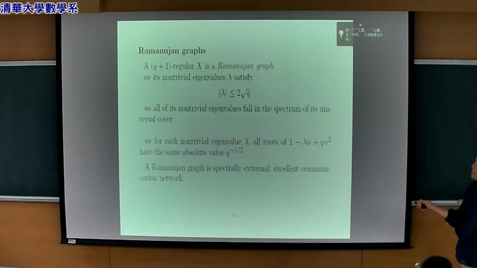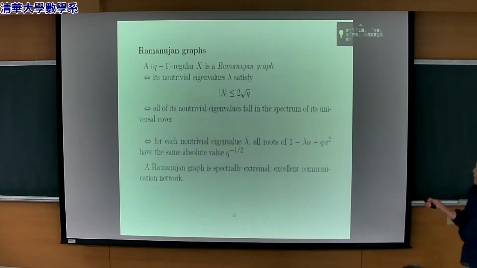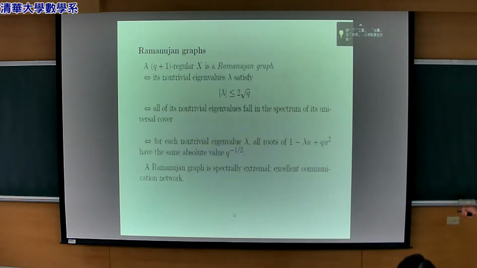So when you see this, it has some kind of flavor just like what we saw for the Ramanujan conjectures. So from the way the Ramanujan graph is defined, we know that the Ramanujan graph is spectrally extremal. Okay. And so when they are used as a communication network, they are excellent.